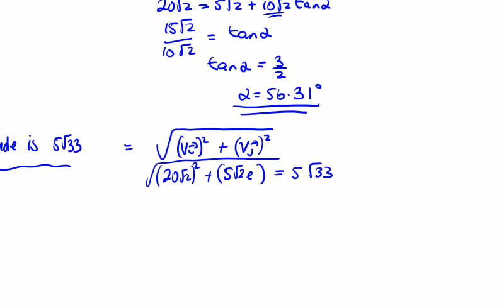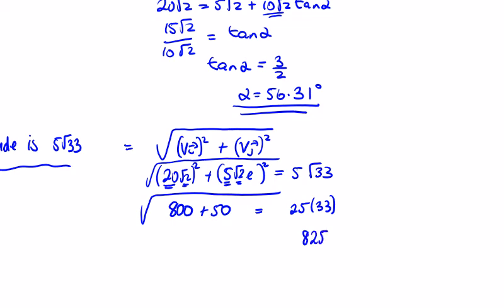So we multiply this out, we're going to get the square root of 400 by 2, that's 800, plus, I left out the square there, 25 by 2, which is 50, and that's going to be equal to 25 by 33. Well, 25 by 32 is 800, so that's 825.